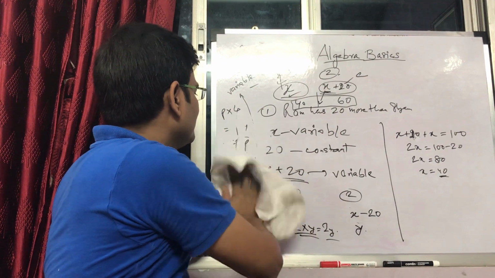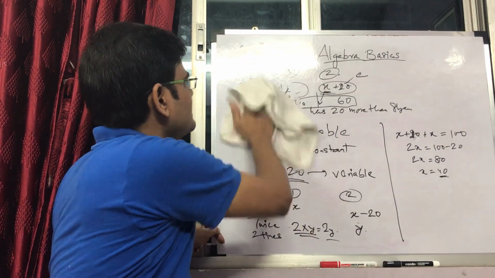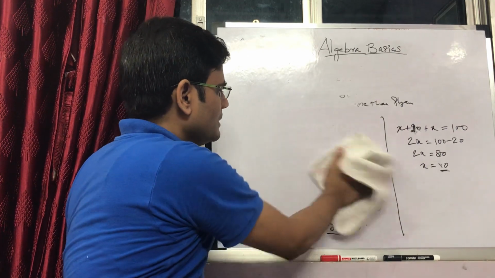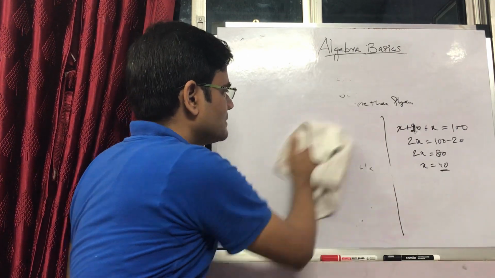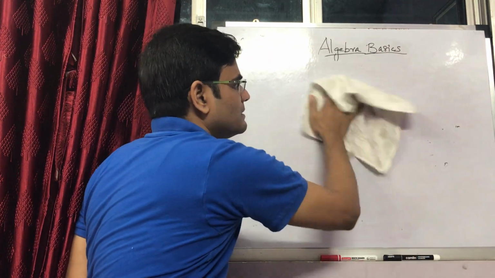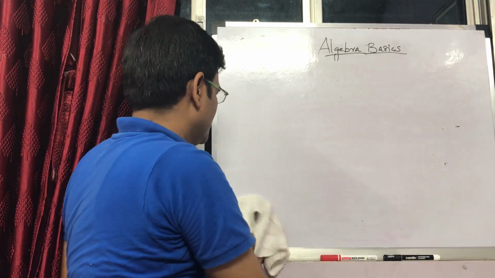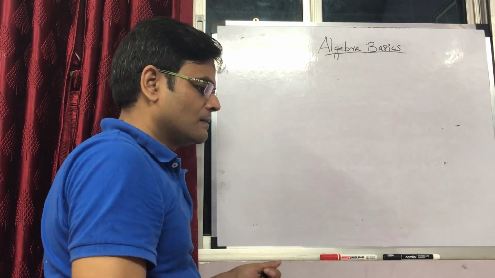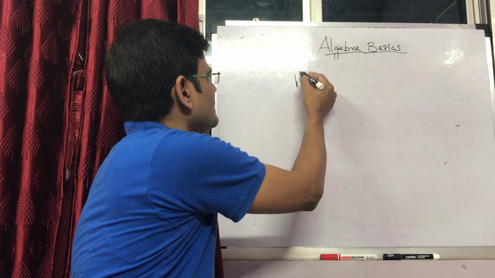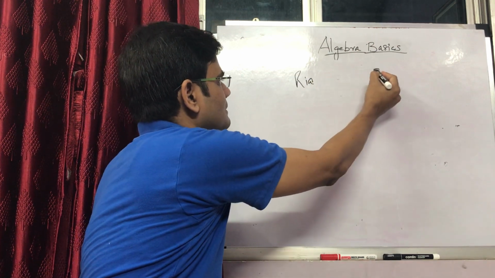Now let's move on. We'll resolve a little interesting problem in algebra today. You know age. Let's resolve an age problem which is a little interesting. Say that there are two siblings. Let's name them Ria and Sia.